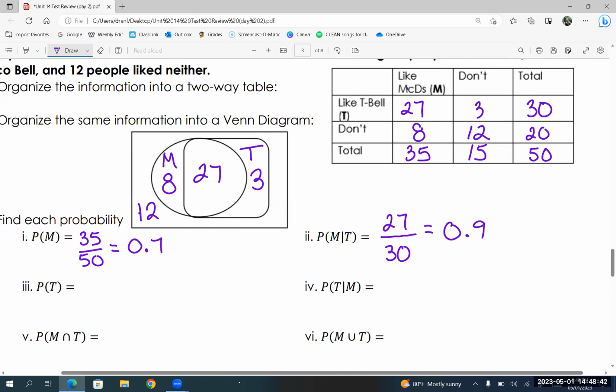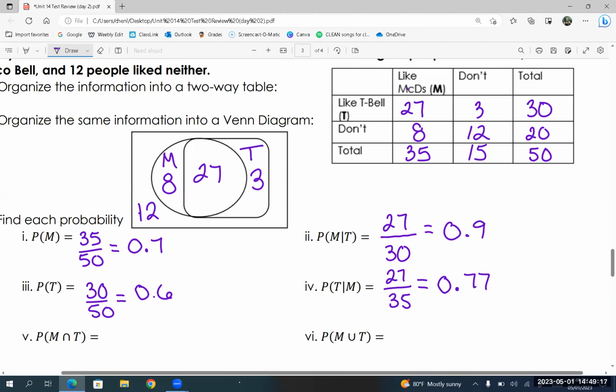There was a total of 30 people out of the 50 who liked Taco Bell, which would be equal to 0.6. And then the probability of T given M, meaning given we know they like McDonald's, there are 35 people who like McDonald's. Of these 35, 27 of them like Taco Bell. So we do 27 divided by 35, and that would be 0.77.